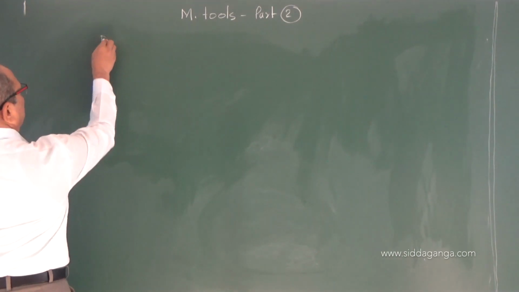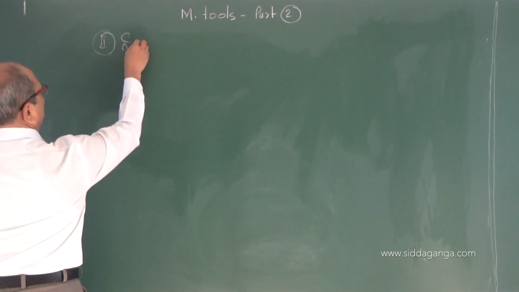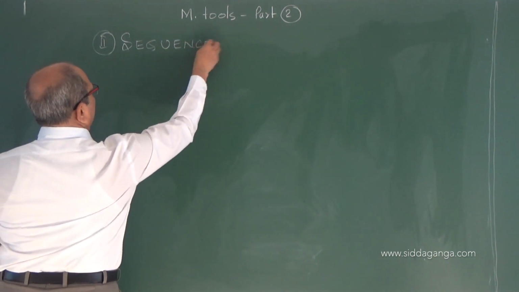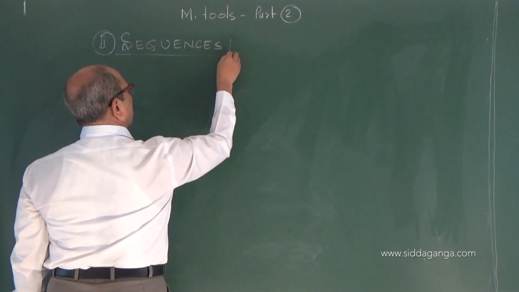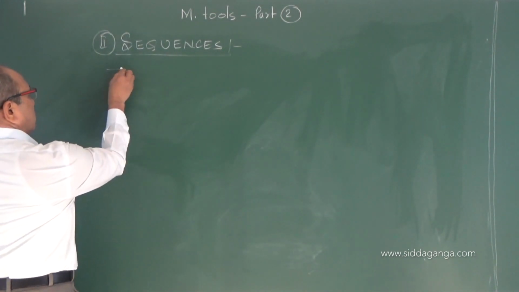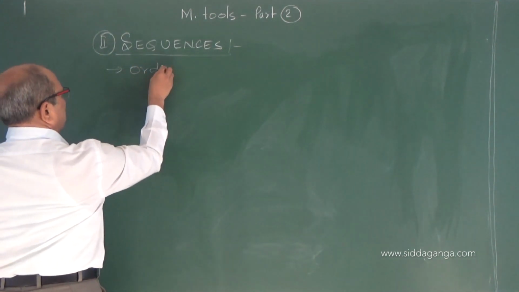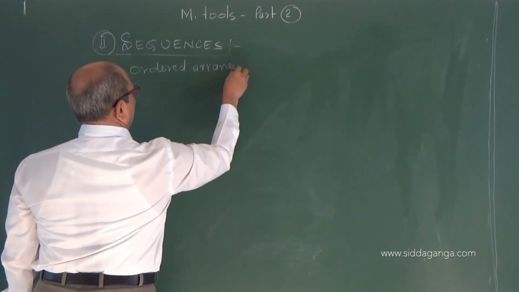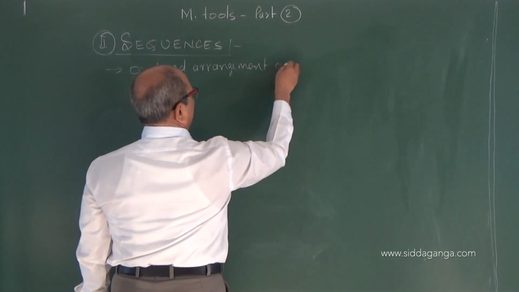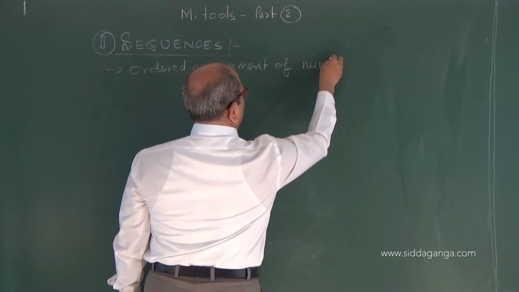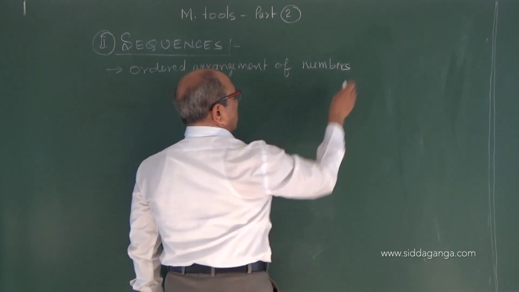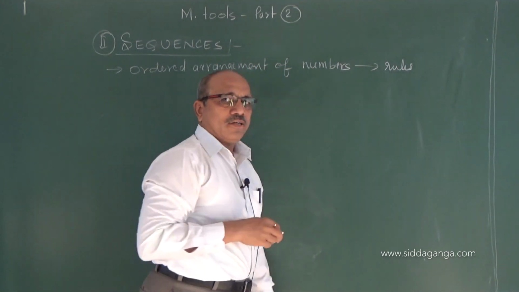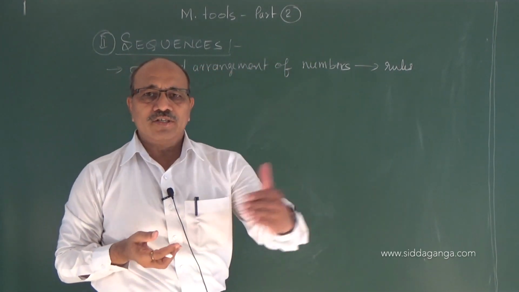The second mathematical tool we are going to see is sequences. It is nothing but an ordered arrangement of numbers following certain rules, that we call a sequence, arranged in an order.